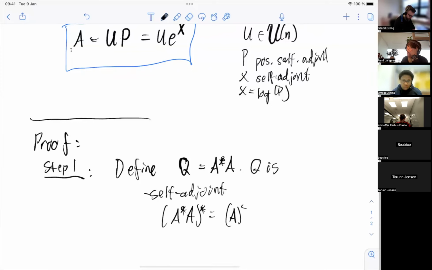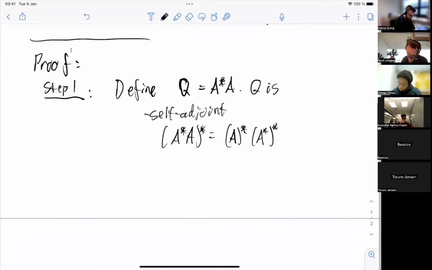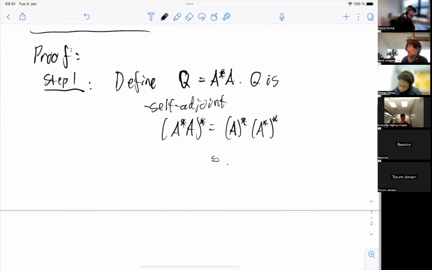So I have to do A star and A star star, with the star for the conjugate transpose, and this is again A star A. And it's positive.